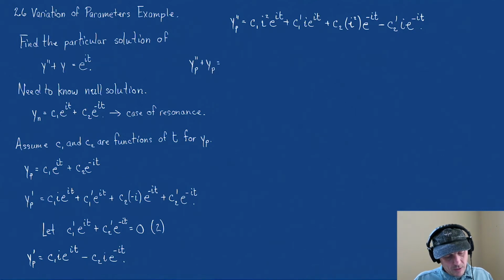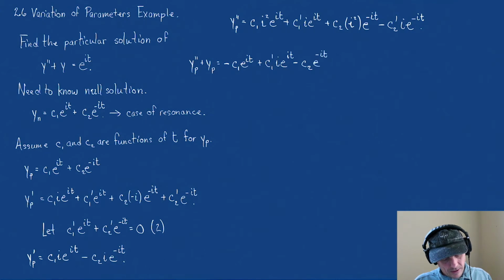So, that's a lot. Here we go. I squared is minus 1, so it's minus C1 e to the it plus C1 prime i e to the it. And then we're going to pick up a minus C2 e to the minus it, and then a minus C2 prime i e to the minus it.